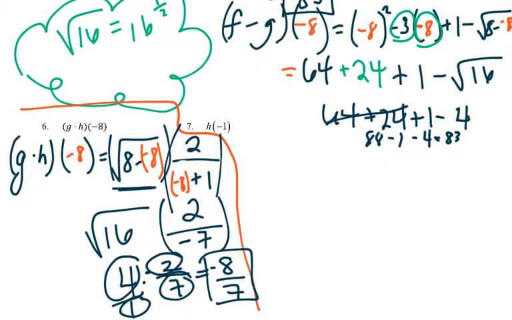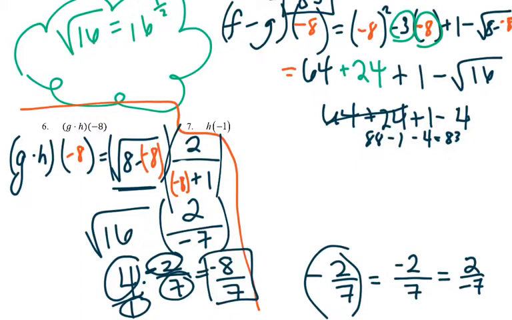Some things to note about your fractions. I moved this negative up to the numerator because negative 2 sevenths is equal to negative 2 divided by 7, which is equal to 2 divided by negative 7, because all three of these are acknowledging that the number itself is negative. This one's putting it on the outside of the fraction, saying negative 2 sevenths.